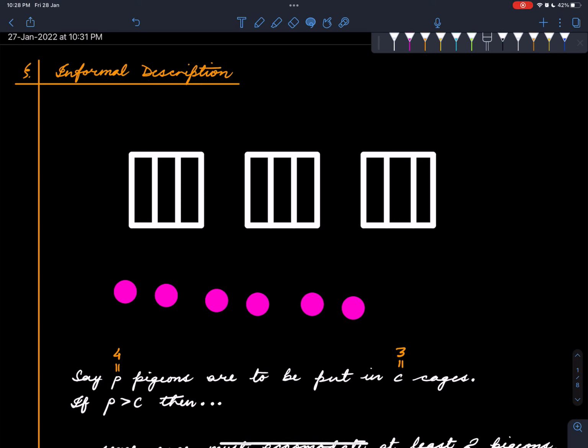So we have 3 cages and 6, let me get one more. So suppose we have 7 pigeons and 3 cages.